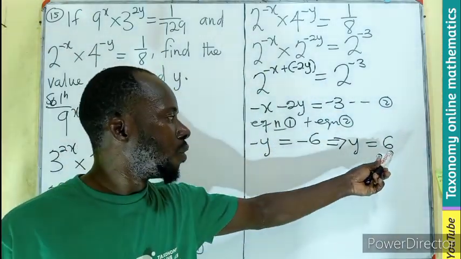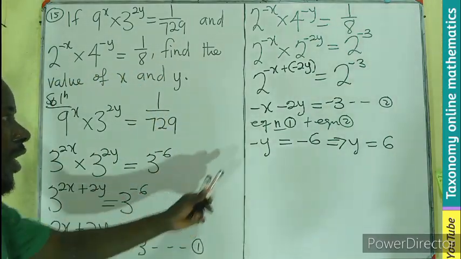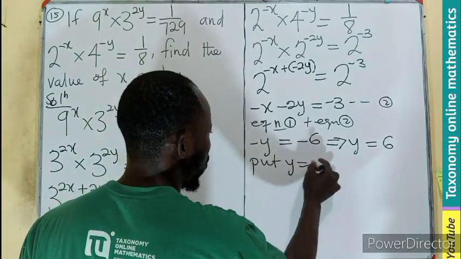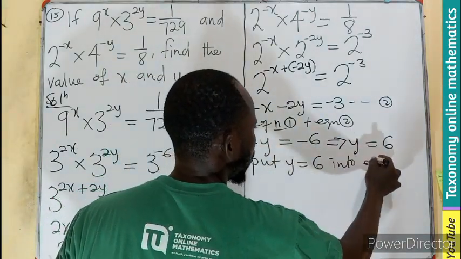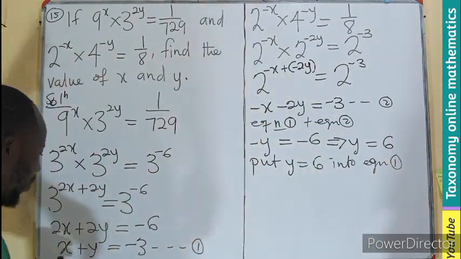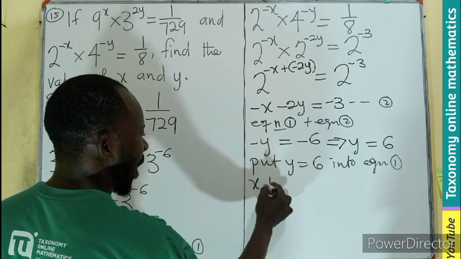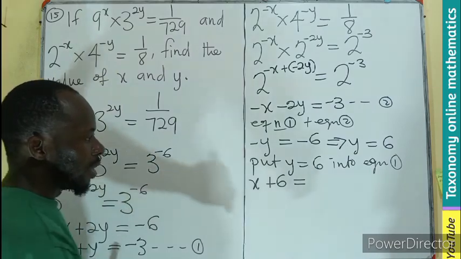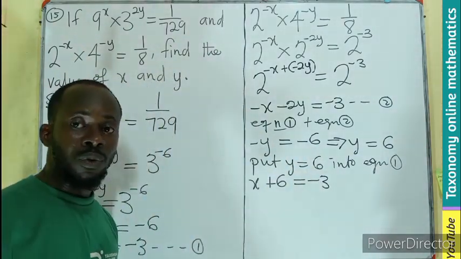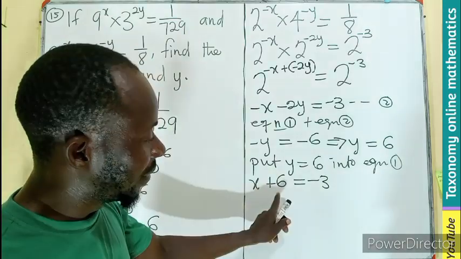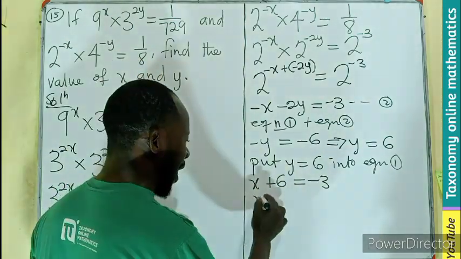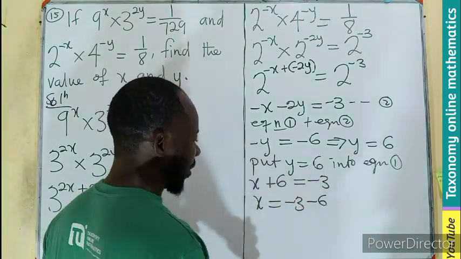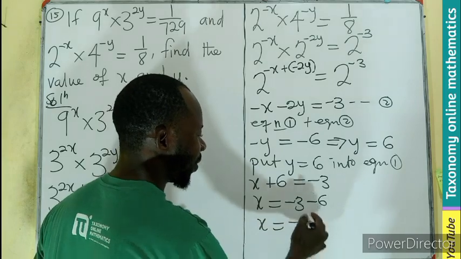The moment we know y, we can find x in either of the two equations. So I put y equals 6 into, let's say, equation 1: x plus y equals minus 3. And y is 6. So we subtract 6 from both sides, meaning x equals minus 3 minus 6, so x will be negative 9.